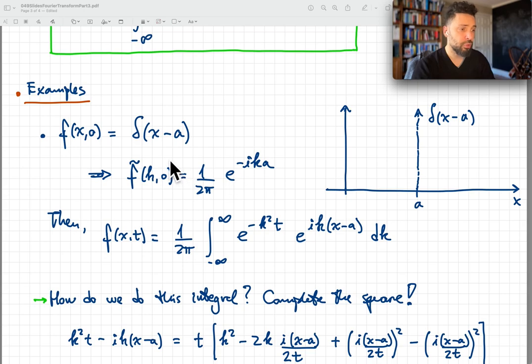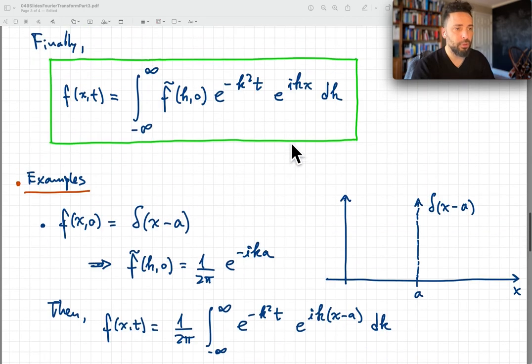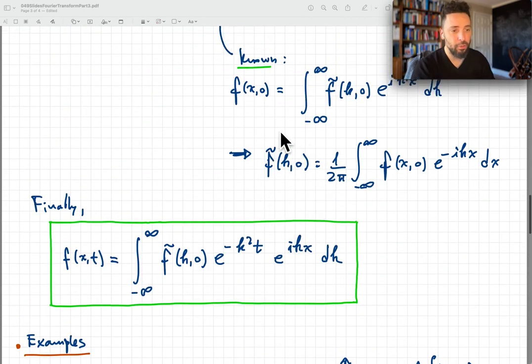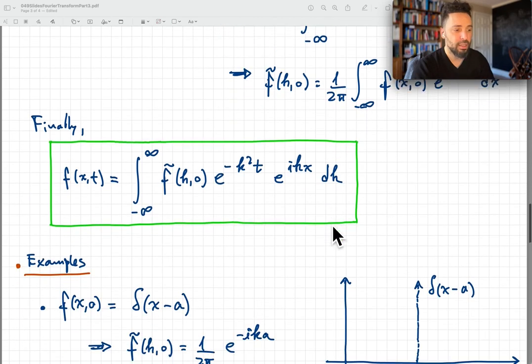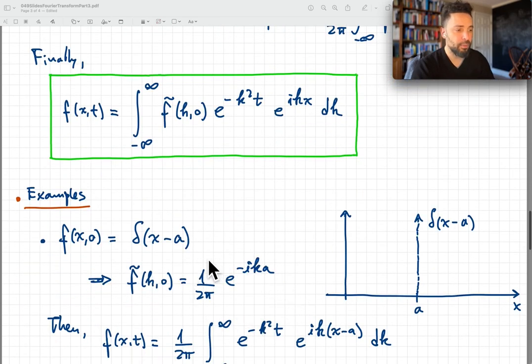So if that's true, then what we need to do is to go up here and calculate f tilde of k comma 0. So we insert our delta function over here, and of course the result is simply 1 over 2 pi e to the minus ika, because our delta saturates at a, and so that's what I wrote here. So this is simply the result of doing the Fourier transform of our initial condition.